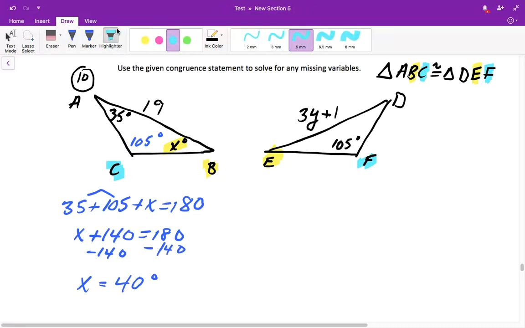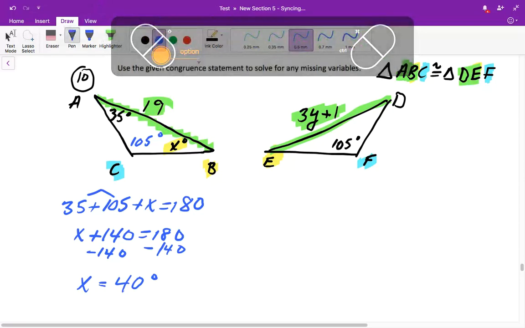All right, now the last part, I look and I see here I have my y, 3y plus 1. My y is part of this segment DE, so I look and say, okay, segment DE is the first and second letter. So I look at the other triangle in the congruency statement, so that means it's congruent to segment AB. Well, here is our AB, and they tell me it's equal to 19.